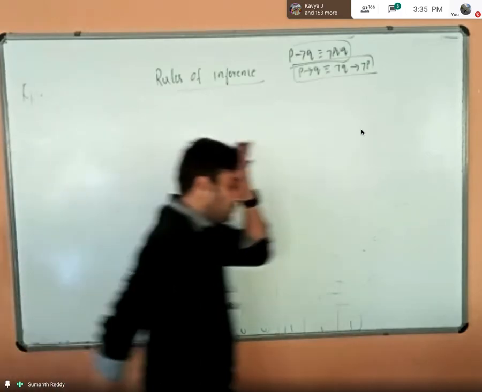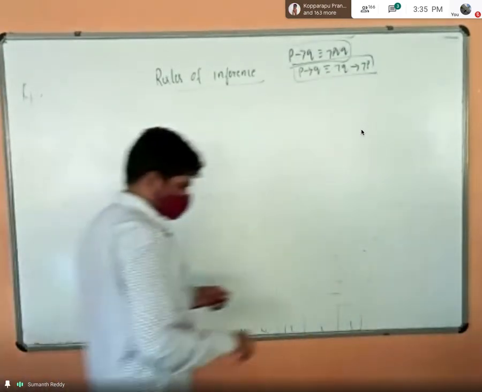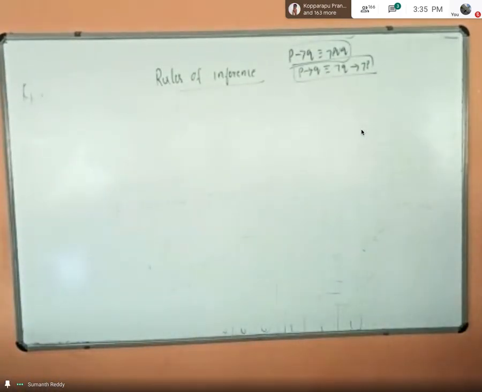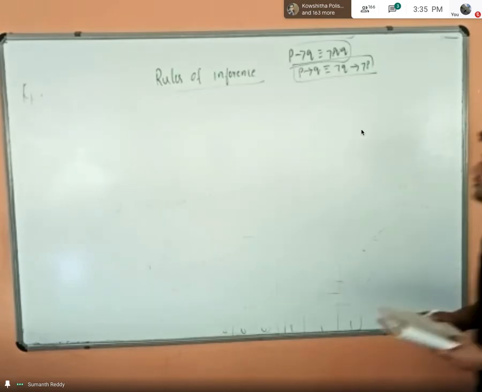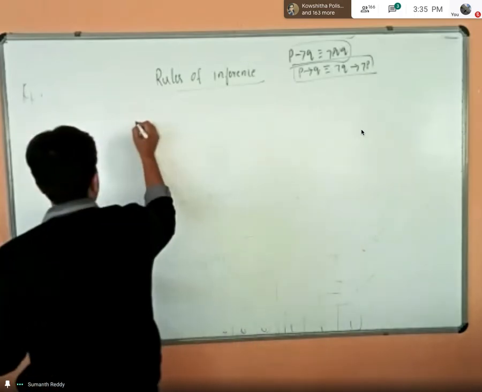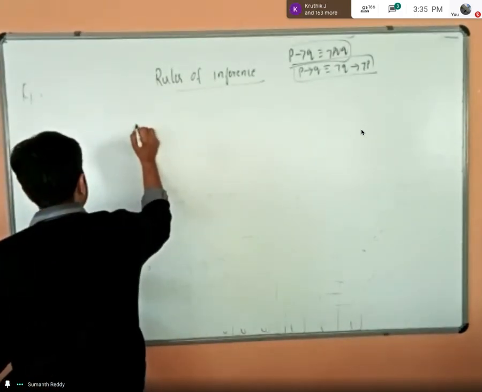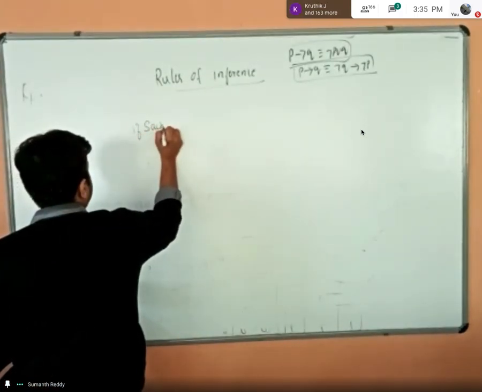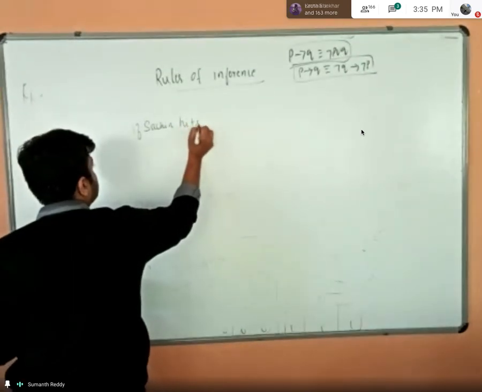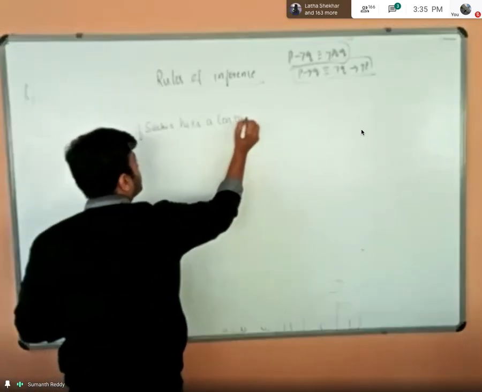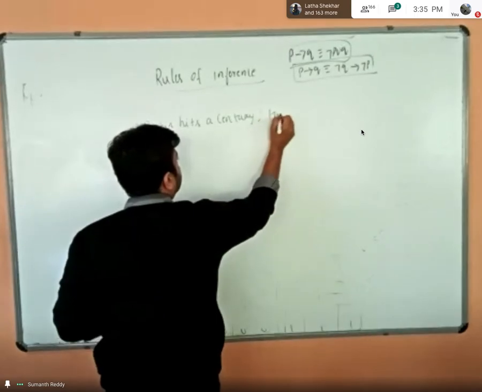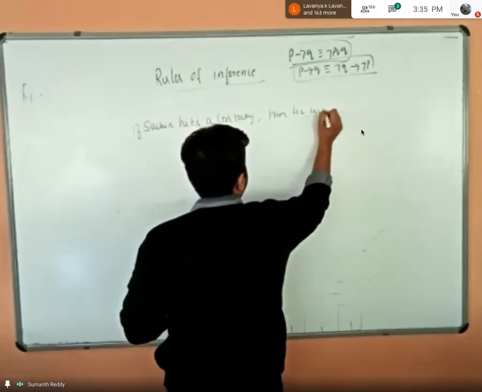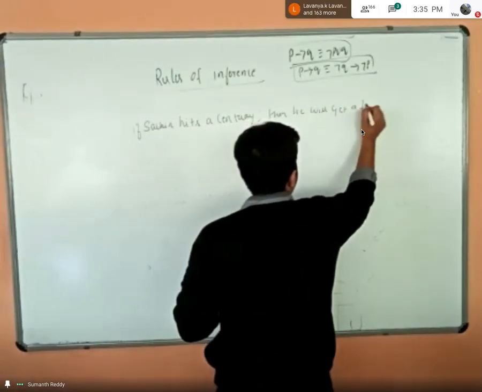Okay, so I'll give one simple sentence. You need to check whether it is valid or not, and if it is valid, you have to tell me according to which rule. The question has two premises. If Sachin hits a century, then he will get a free car.